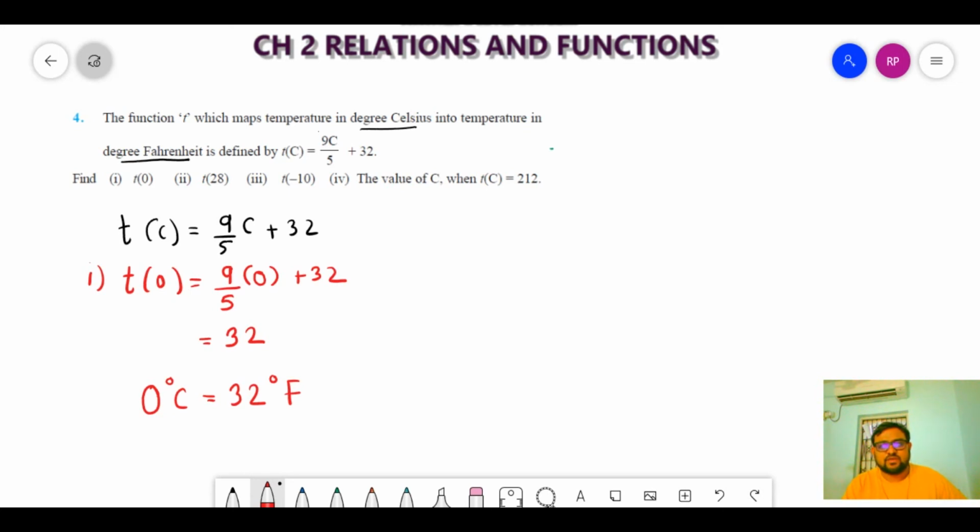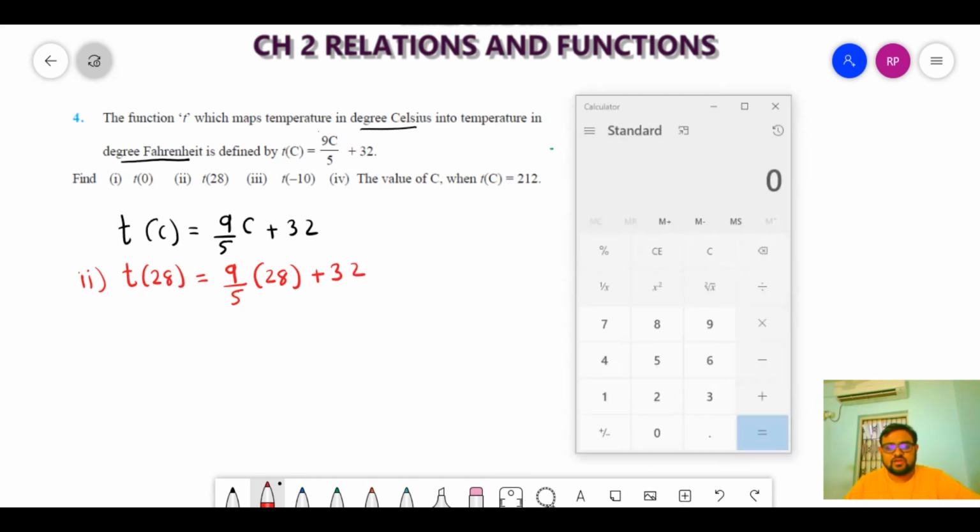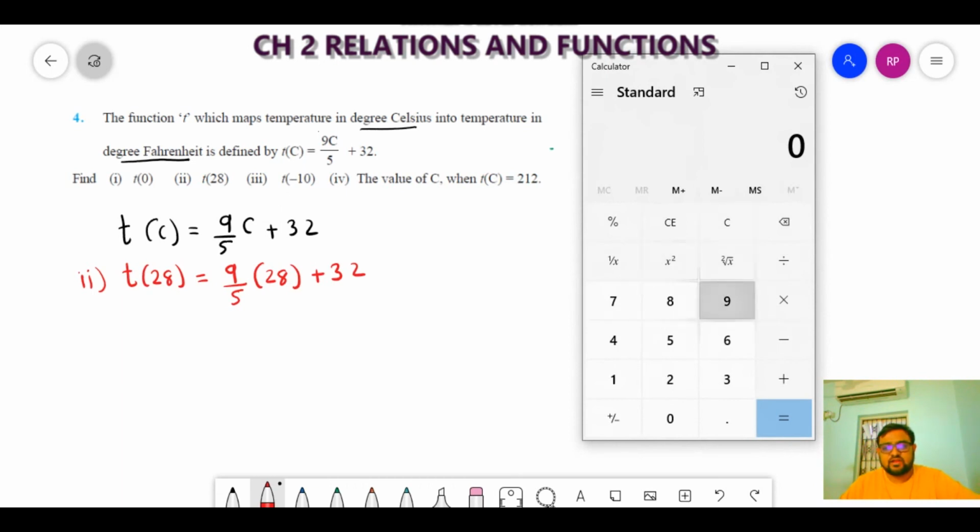Now let's move to the second one. The second question is T(28). So 9/5 instead of C, 28, plus 32. Let me calculate it. It's 9 into 28 divided by 5, that is equal to 50.4.